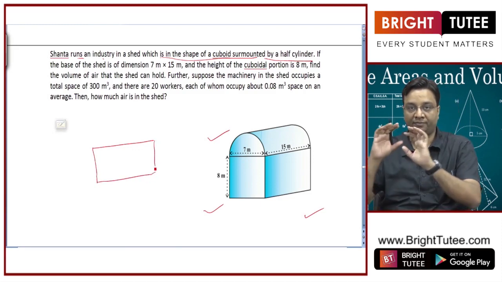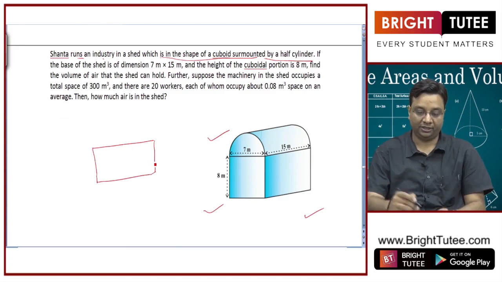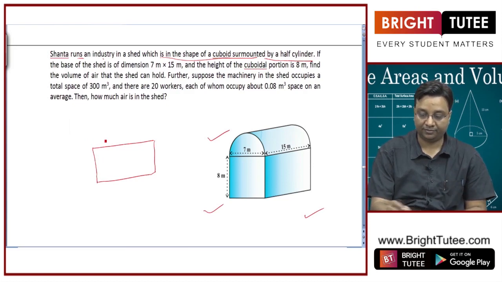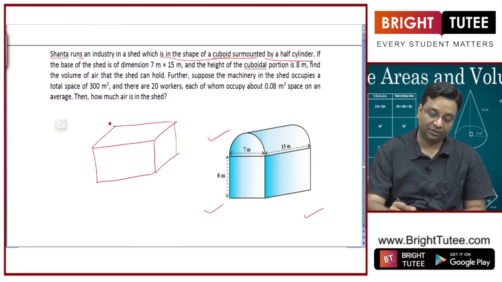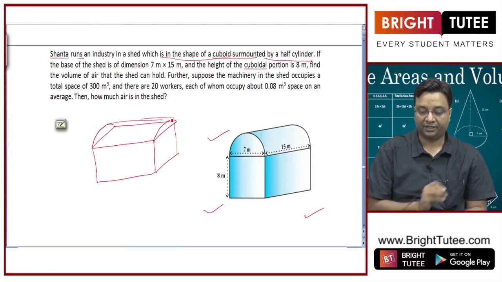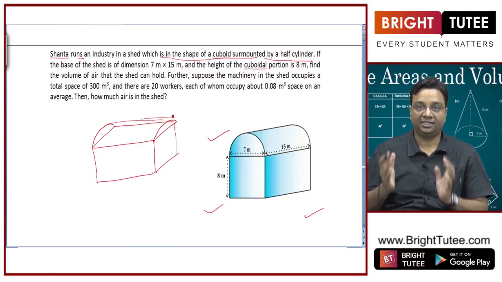If you look at only the front portion, it is surmounted by a half cylindrical shape. So let us make this cuboid here, and it is surmounted by a cylindrical shape. So this completes this shed.